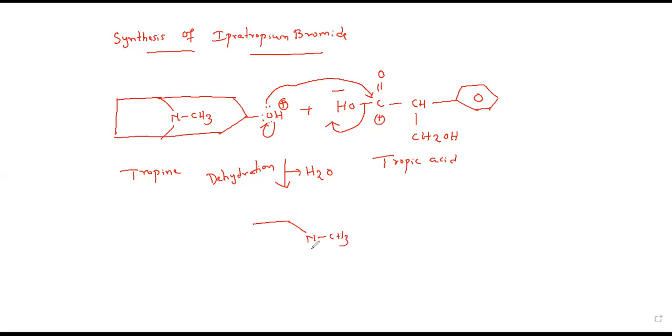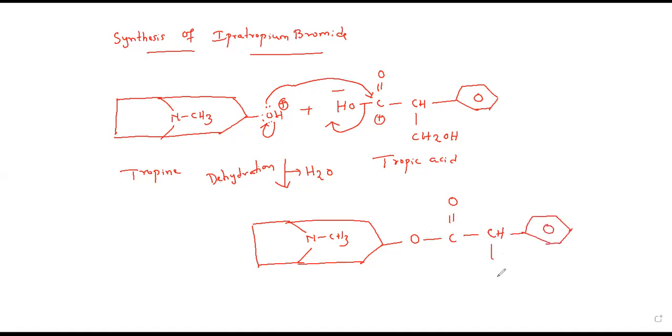NCH3. Oxygen. So there is no hydrogen and there is no OH here. So oxygen will form a new bond with carbon like this. CH, aromatic ring, and this is CH2OH.